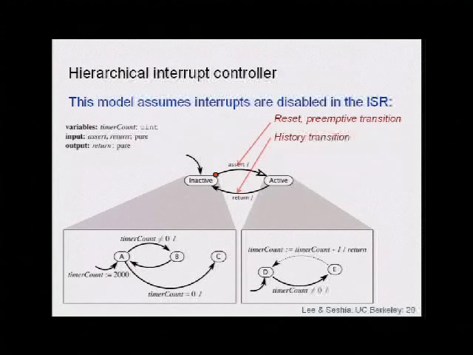Now that you're in the ISR, one possibility is to go from D to AE, and that will happen when timer count is not equal to 0.